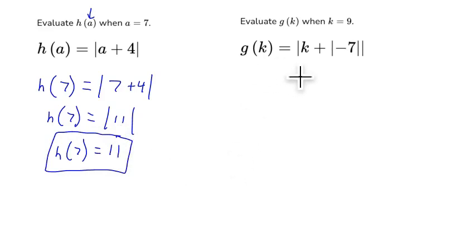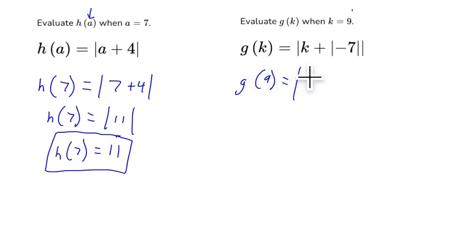One more function involving absolute value. Notice there's an absolute value sign inside another absolute value sign. Okay, so here they're telling us to evaluate g of k when k equals 9. So they're telling us the input is 9. So we want g of 9.